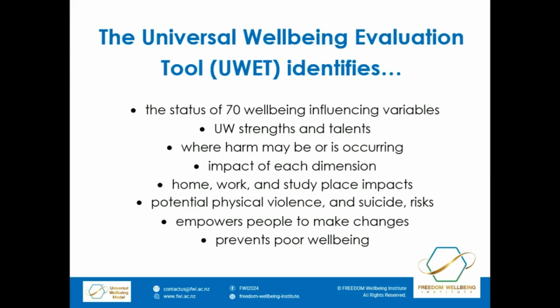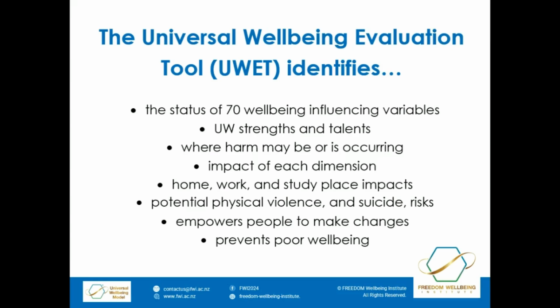So the Universal Wellbeing Evaluation Tool has the ability to identify the status of the 70 wellbeing influencing determinants. It identifies strengths and talents. It can identify where harm may or is occurring. It can identify the impact of each of the dimensions.